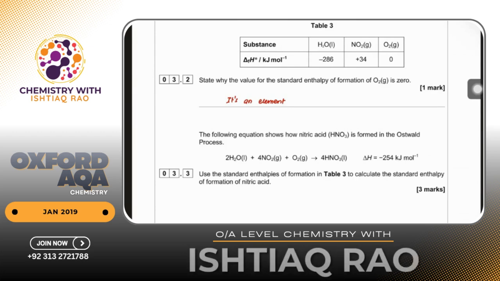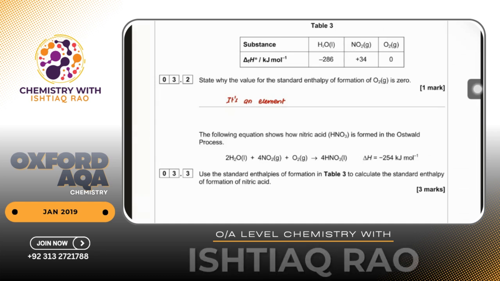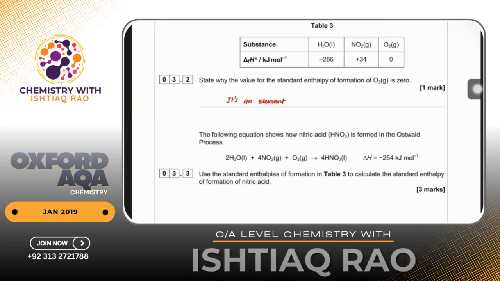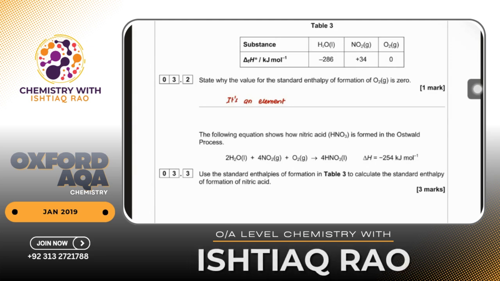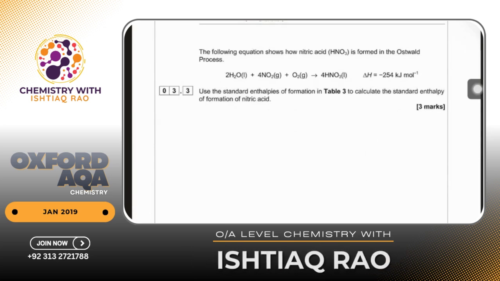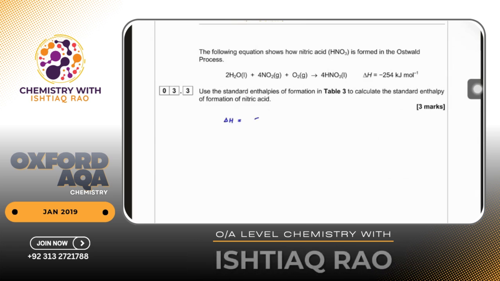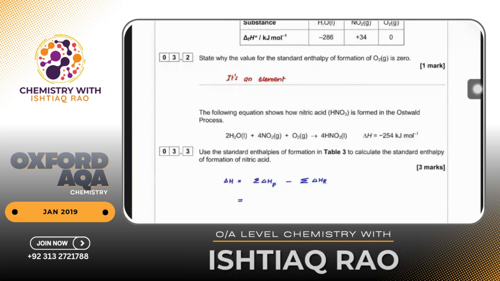Delta H is equal to the sum of the enthalpy changes of products minus reactants. We have to calculate this one, 4x.